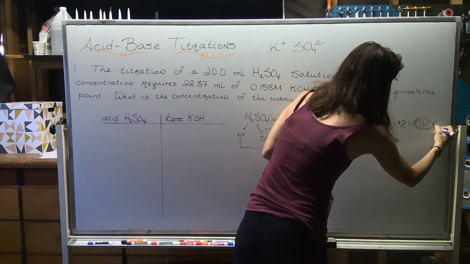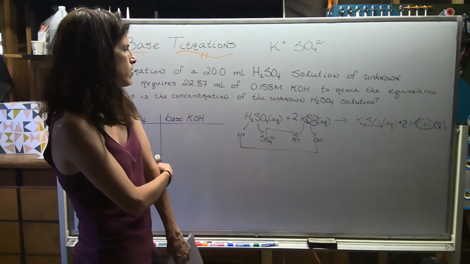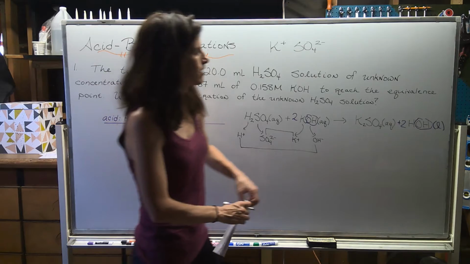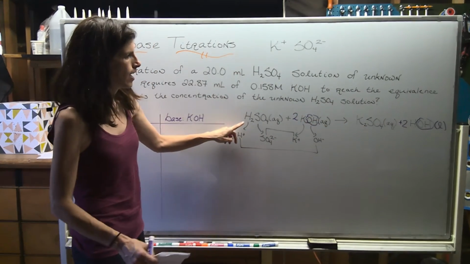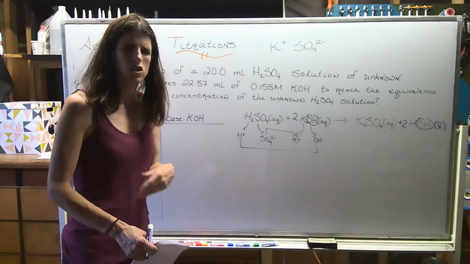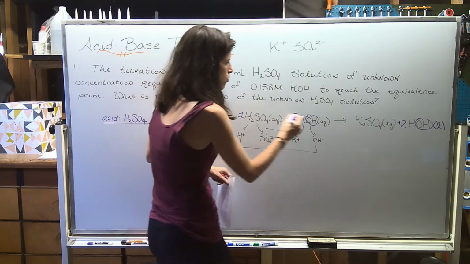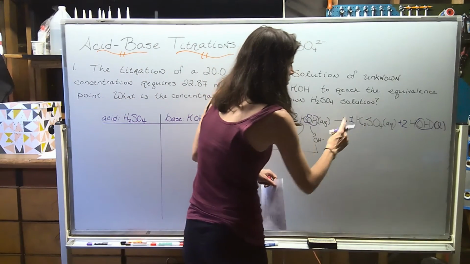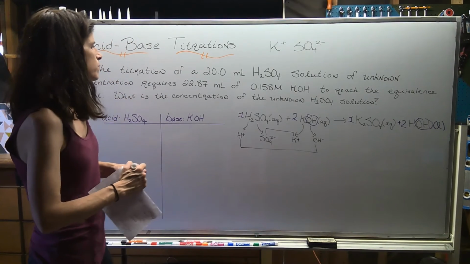Should also designate the water as being liquid, so put that L there. And then that gives me 2 H's, which I have 2 H's here in my sulfuric acid, which is considered a diprotic acid. Coefficients of 1 there. So now we're all set with the balanced equation.